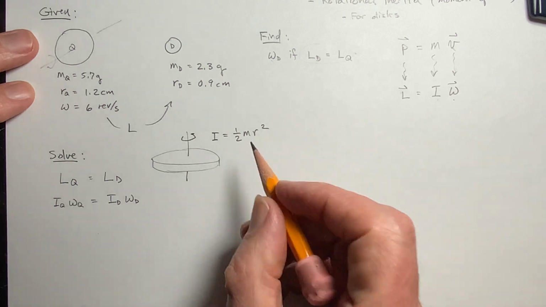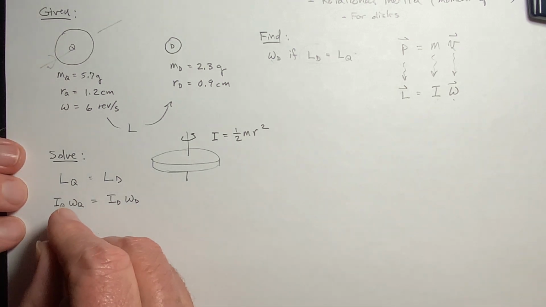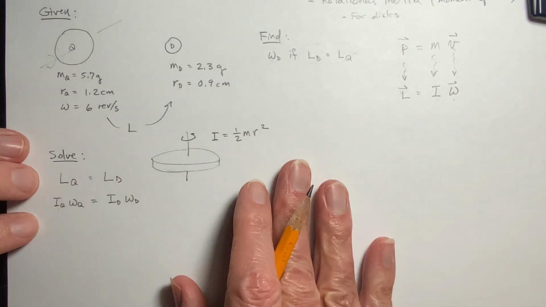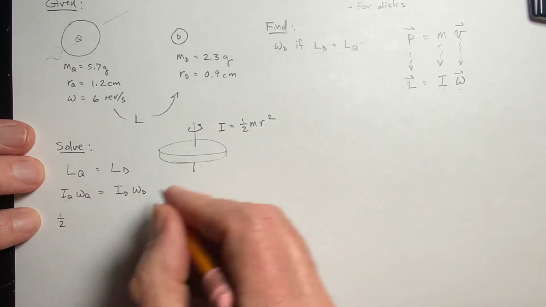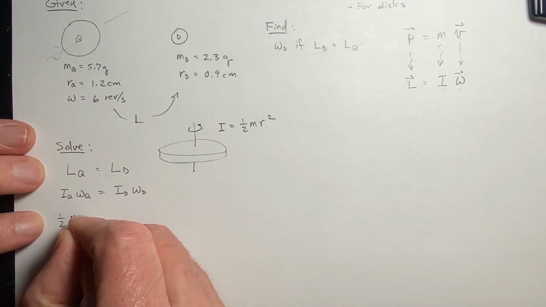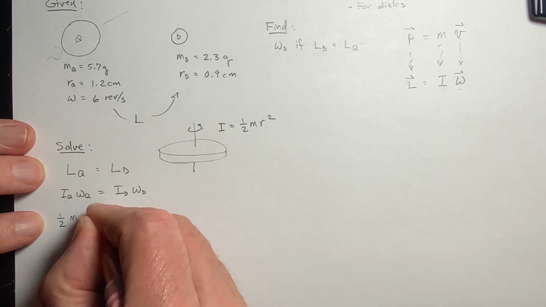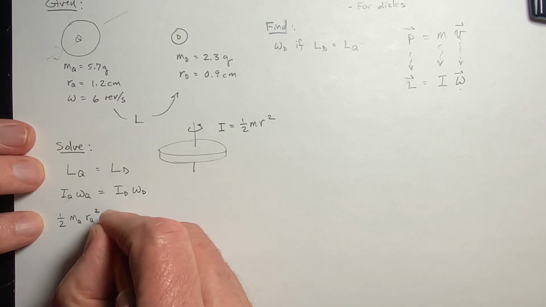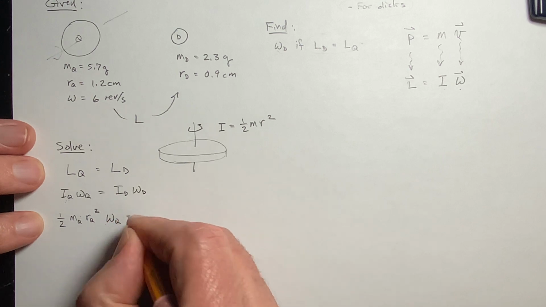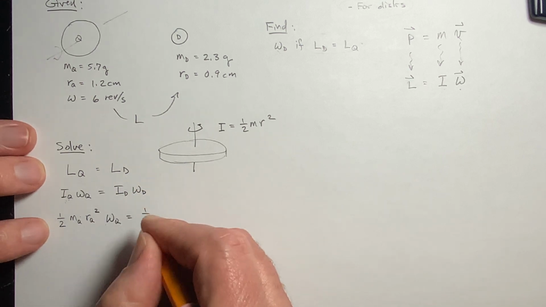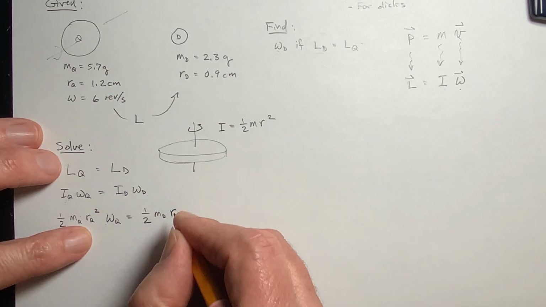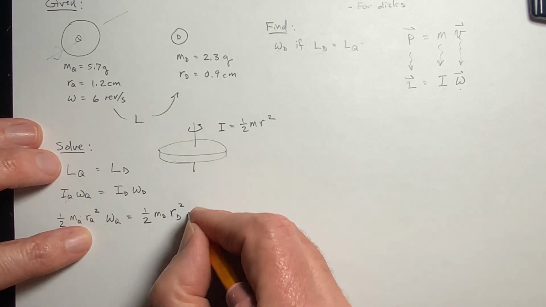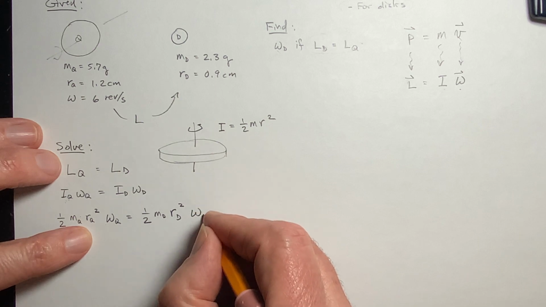And so we're going to use that. The rotational inertia for the quarter is 1/2 the mass of the quarter times the radius of the quarter squared, times omega of the quarter, and this is equal to 1/2 the mass of the dime times the radius of the dime squared times angular velocity of the dime.